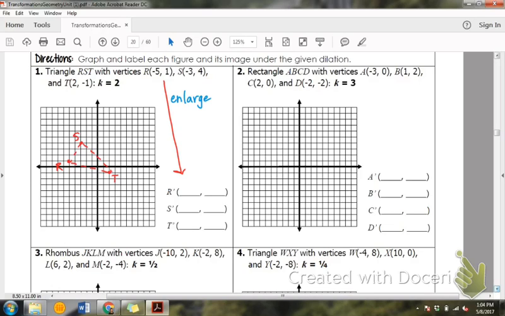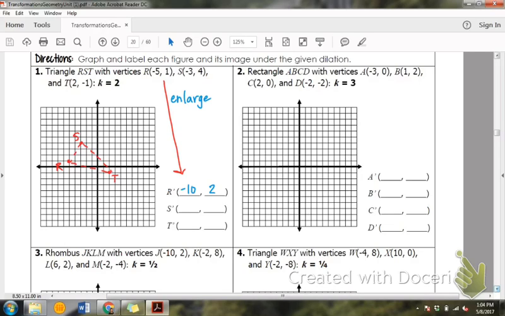So if I take R, negative 5, 1, and I multiply each of those by 2, I get negative 10, 2. So the new coordinate of R is negative 10, 2. Everyone see where that came from? No? It says to enlarge it by 2, so I'm going to take each one of these and multiply by 2. Negative 5 times 2 gives me negative 10, and 1 times 2 gives me 2.